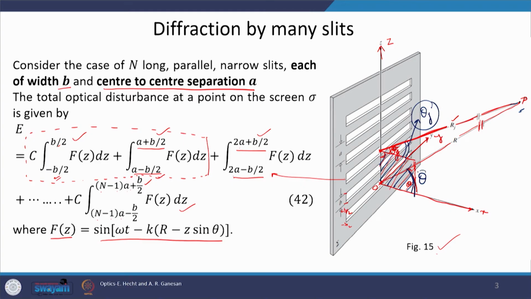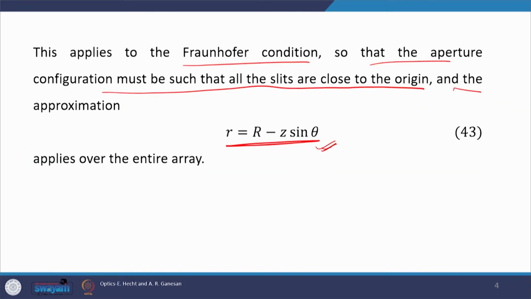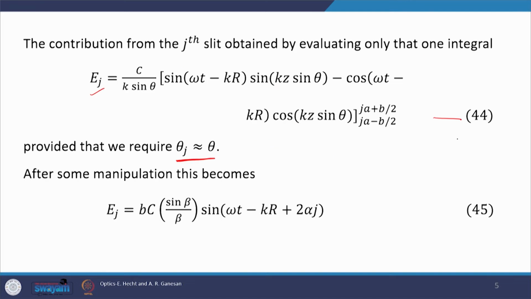And this angle which we designate as theta j is equal to angle theta, which is the angle of point of observation P from the origin with respect to the x axis. Okay.